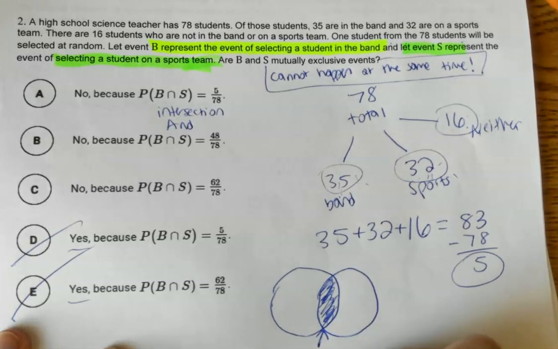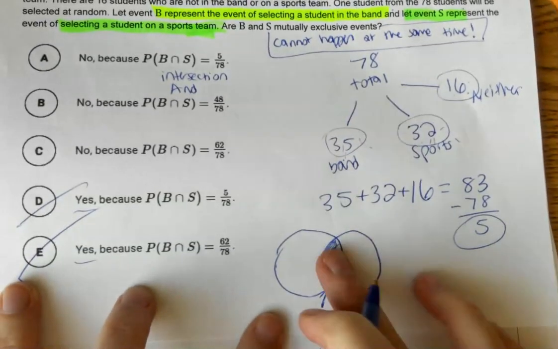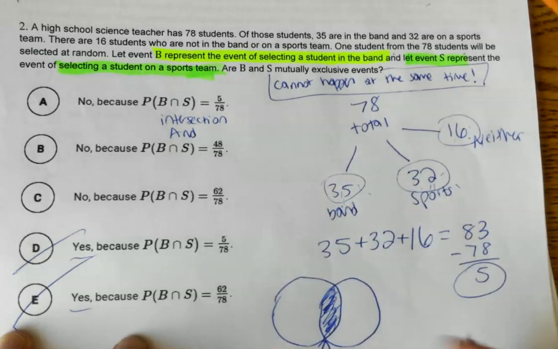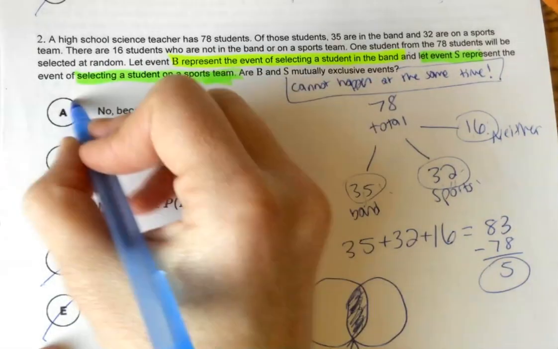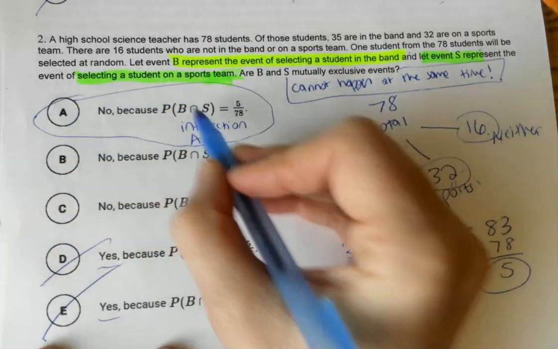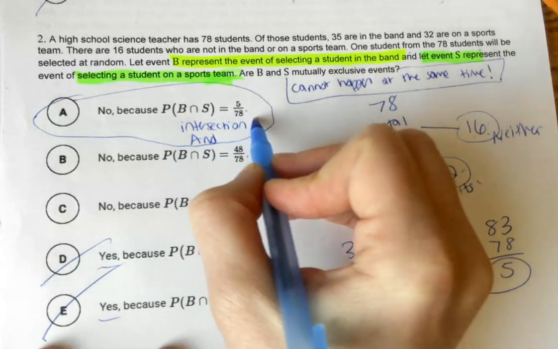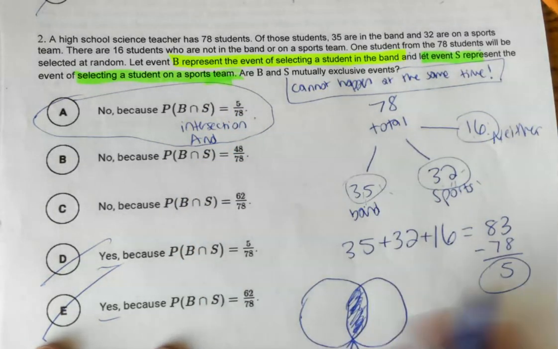So that's the intersection. Since 5 students are in both, my intersection is 5 out of those 78 students, right? So A is my correct answer here, because the intersection, what we've double counted that's in both groups, is 5 out of 78. All right?